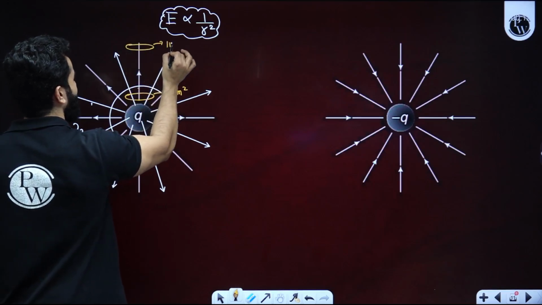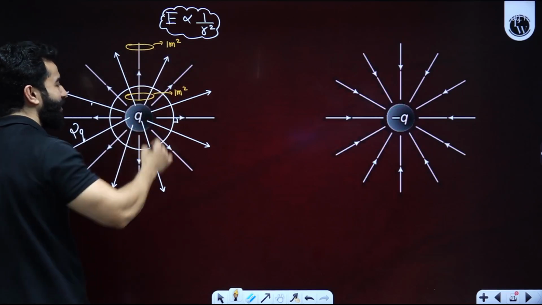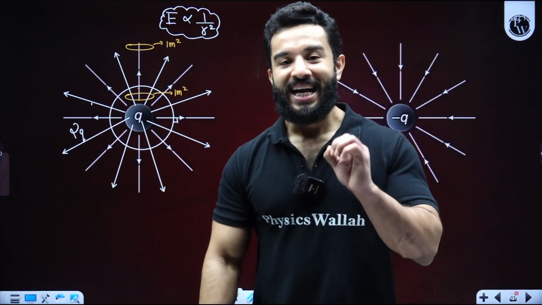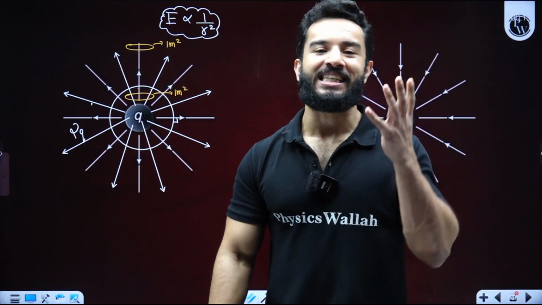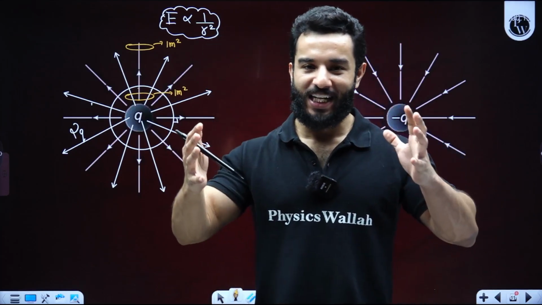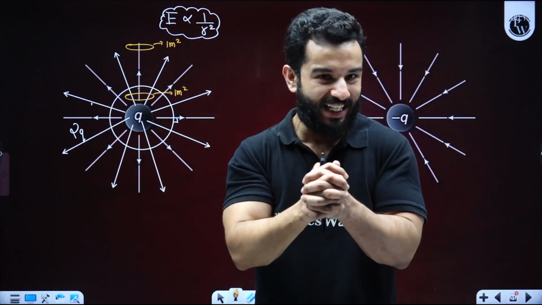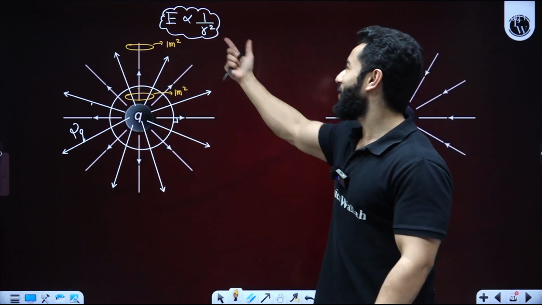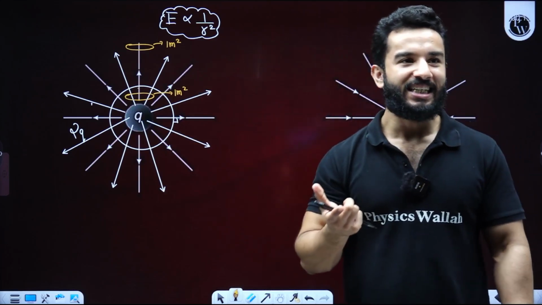How many electric field lines are passing? Only one. That means more electric field lines are passing at the first point. This is also known as electric field density. If electric field lines are more crowded in a region, at that point field intensity is more, and it is governed by our normal formula, right?